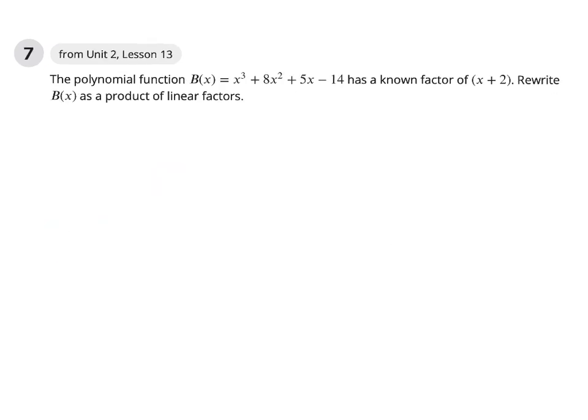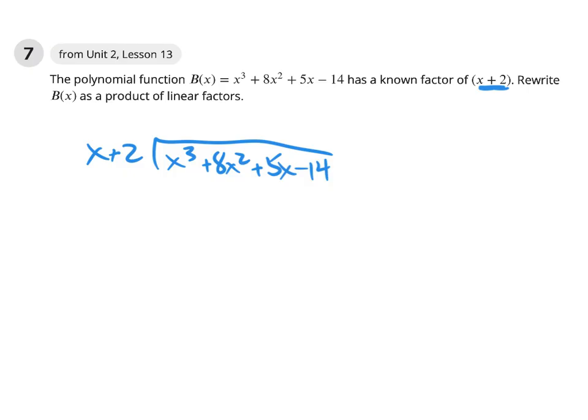Okay, now, the polynomial has a known factor of x plus 2. If a polynomial has a factor, that tells us the remainder should come out to 0. So now we have to polynomial long divide.